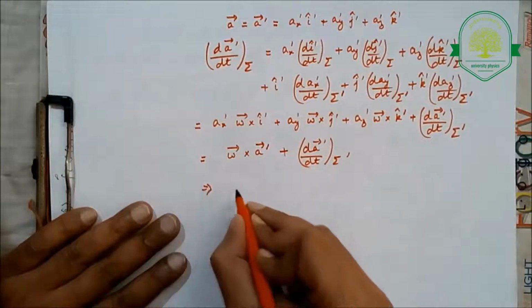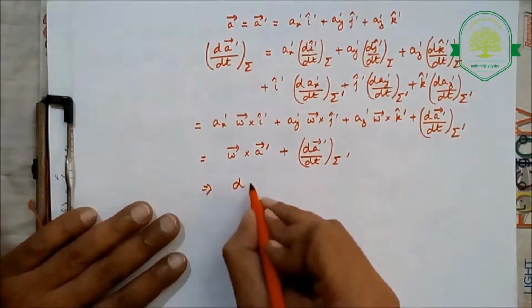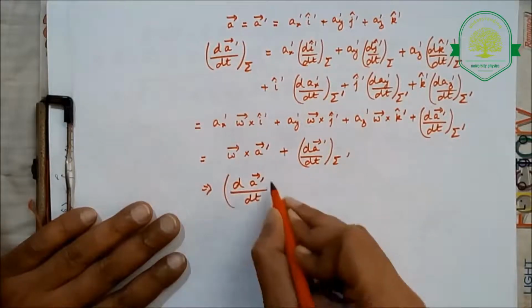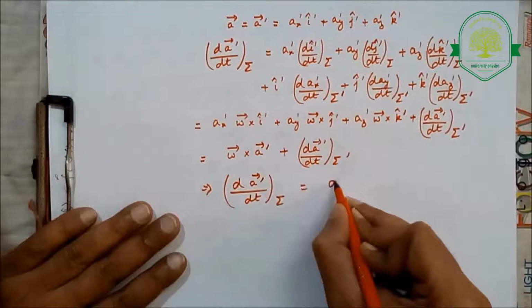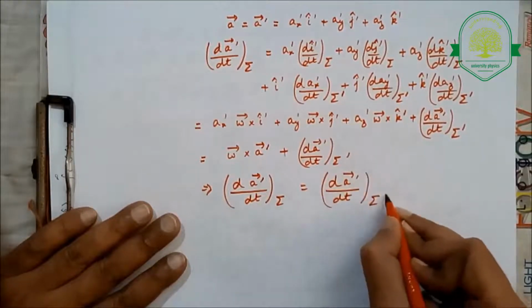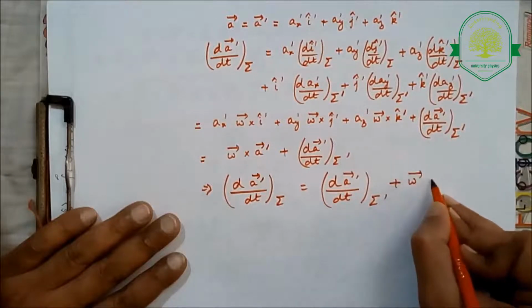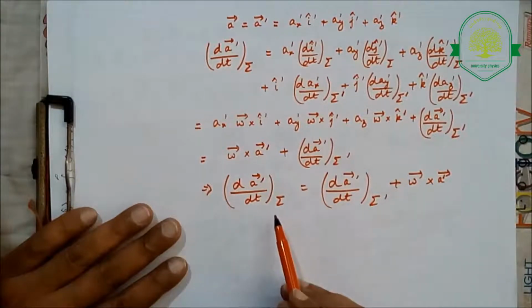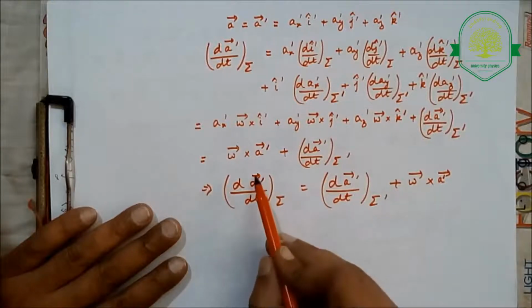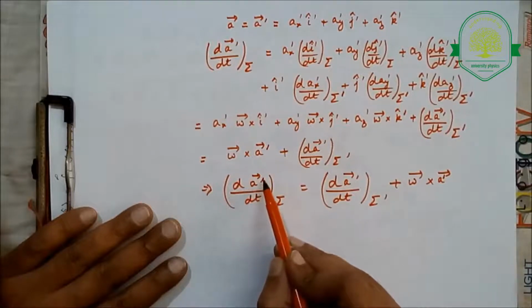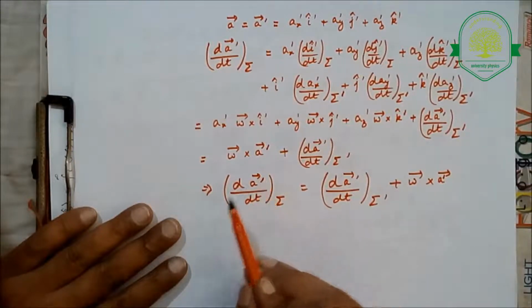So for any vector A primed, I can write dA primed over dt as seen from sigma equals dA primed over dt as seen from sigma primed plus omega cross A primed. And because A vector and A primed vector are equal, fundamentally I am talking about the same vector, only the representation of A primed vector can be written in terms of the unprimed frame.